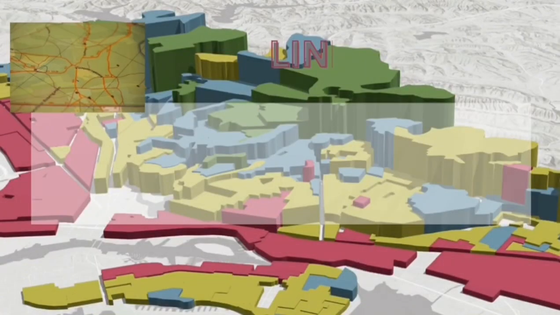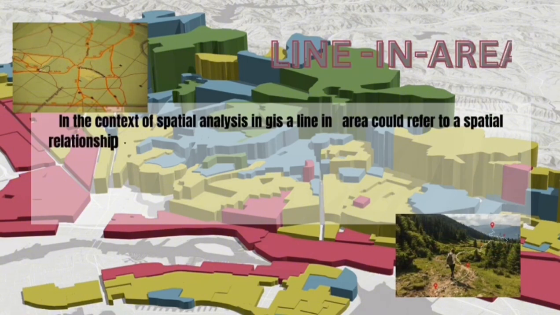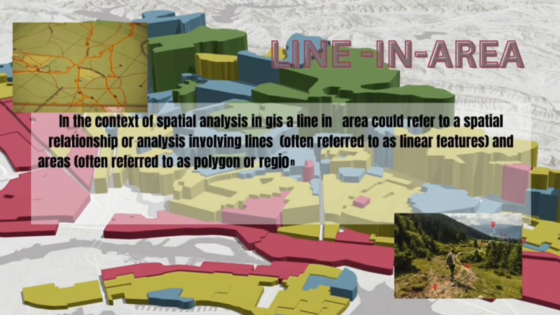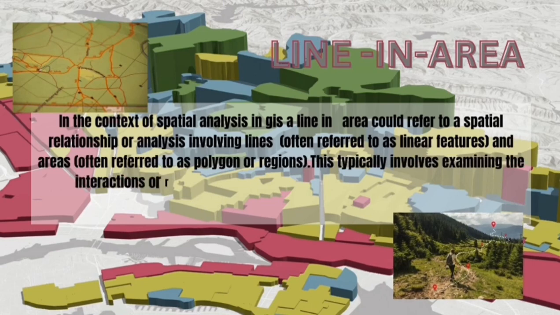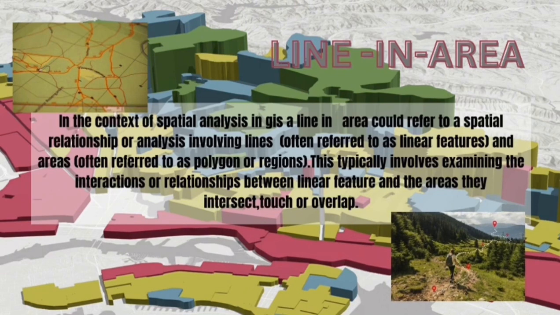In the context of spatial analysis in GIS, line in area could refer to spatial relationships or analysis involving lines and areas. This typically involves examining the interactions or relationships between linear features and the areas they intersect, touch, or overlap.